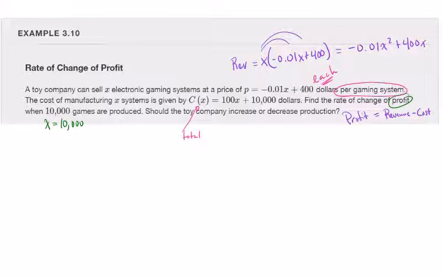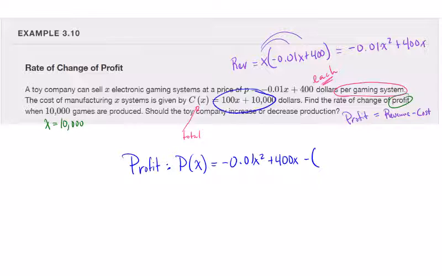So what we want to do is this minus this, right? And that'll give us profit. So our profit function, and we'll call it P of X, is going to be this function here, negative 0.01X squared plus 400X, minus this function here, 100X plus 10,000.